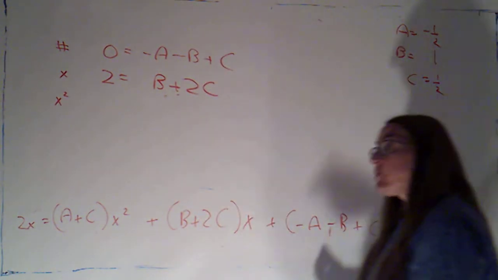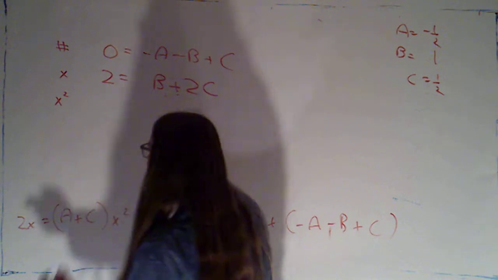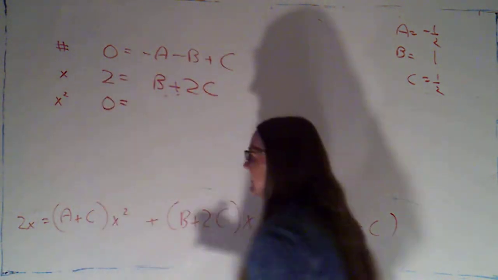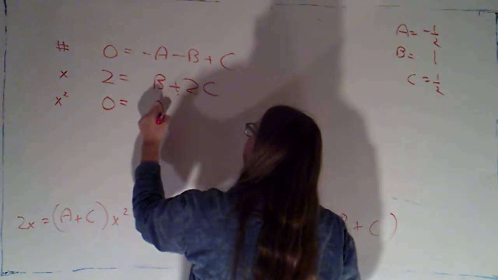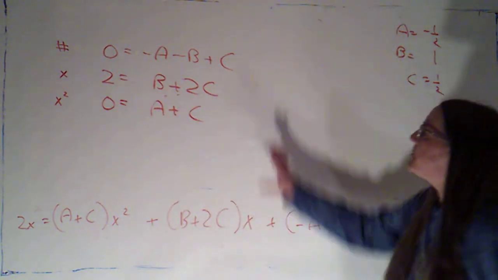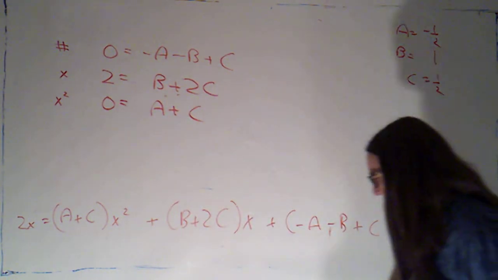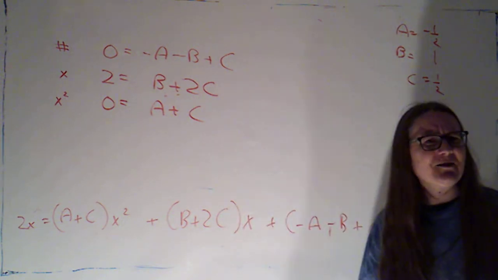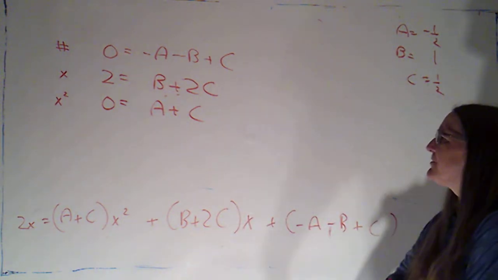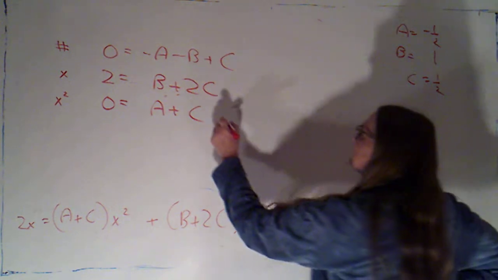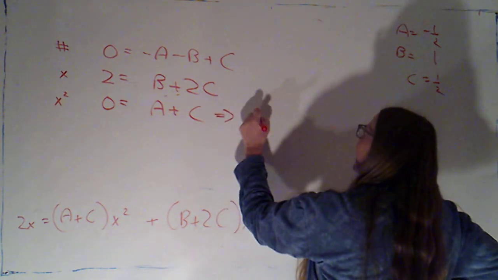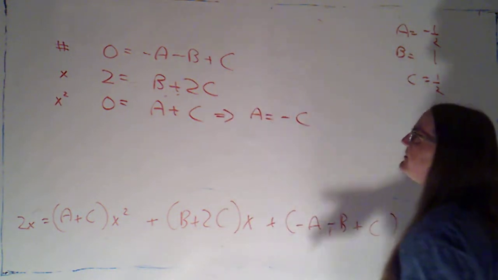For the x squareds, I have none of them here, but I have a plus c of them here. So that gives me a system of 3 equations and 3 unknowns. It's just that none of them is quite as nice as what we had last time involving just one of the variables. But I can easily say here, well, a is just the opposite of c.